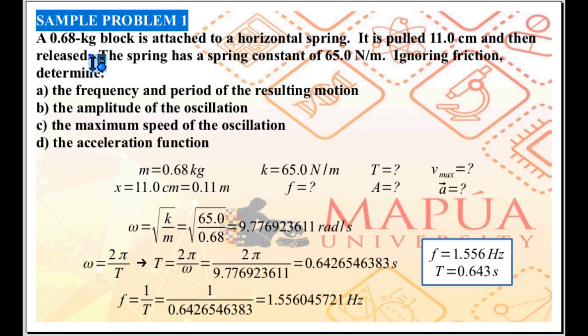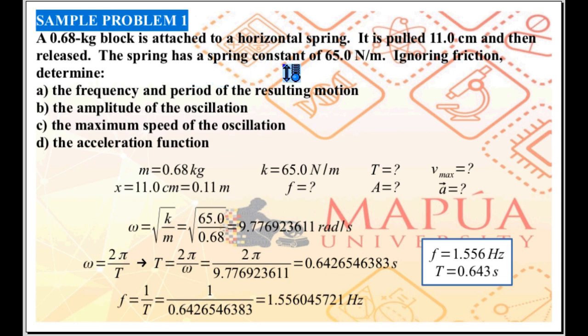We know the mass of the block, 0.68 kilograms. Let that be mass M. The block is pulled 11 centimeters, resulting in the spring being stretched 11 centimeters. Let that be X. X is equal to 11 centimeters. Convert to meters.